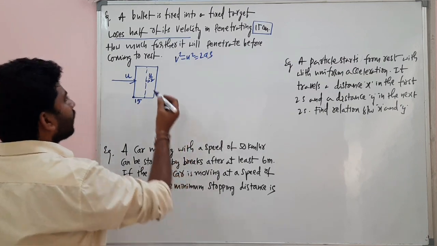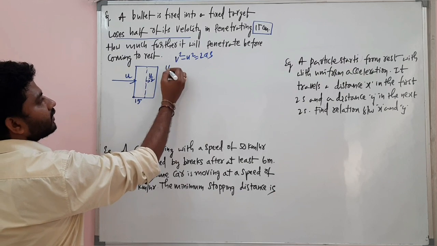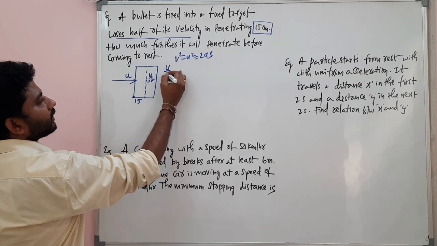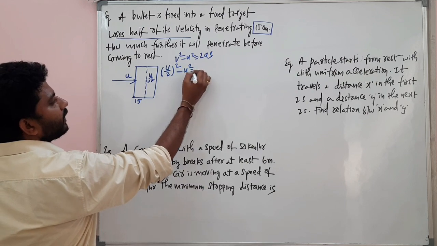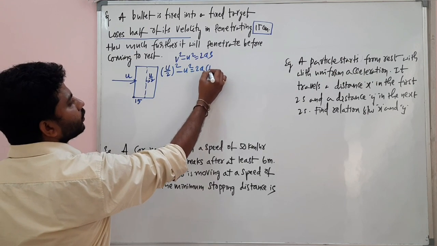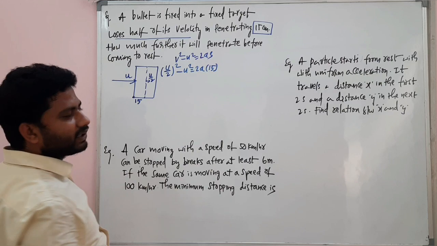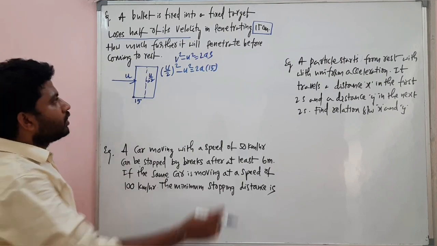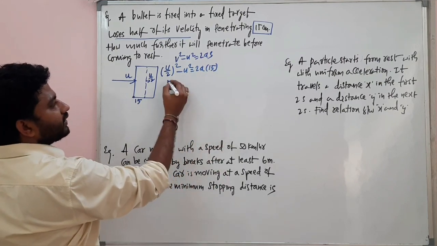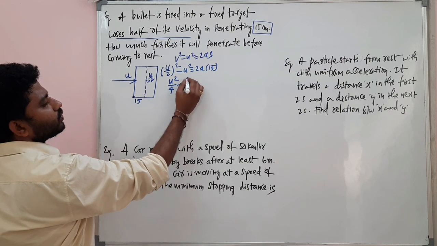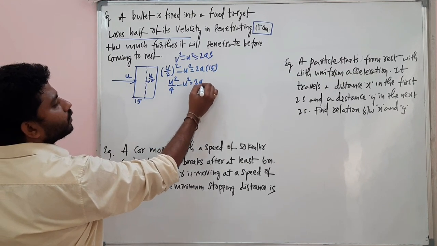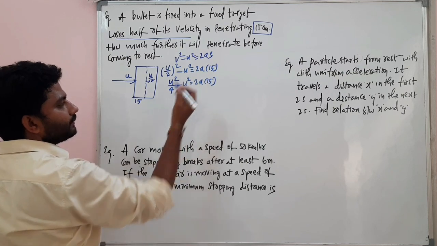From this, what is the final velocity here? U by 2 whole square minus U square is equal to 2 into A into 15 centimeters. Right? So this you can also write as U square by 4 minus U square, which is equal to 2A into 15.